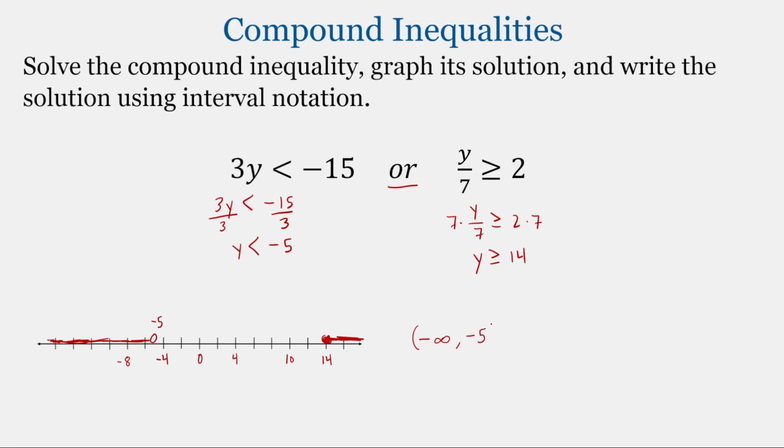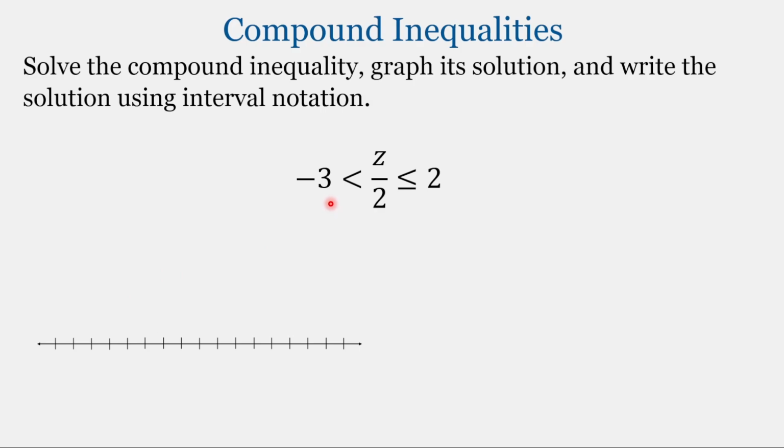Once again, negative 5 is not included, so we'll use a parenthesis. Since this is or, it is a union, so we're going to use this symbol here to indicate these two intervals are joined with union. And then the left boundary on this one is 14. 14 is included, so we're going to use that square bracket. And then comma, and then this will go to positive infinity, and once again with a parenthesis.